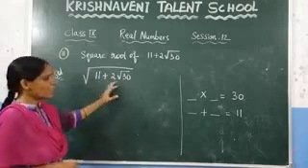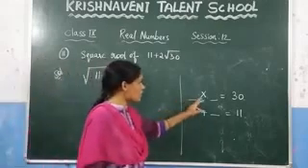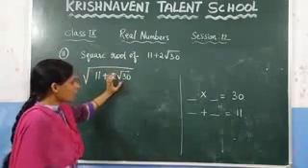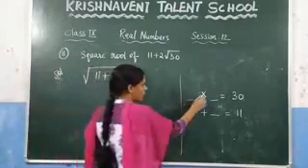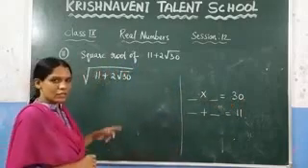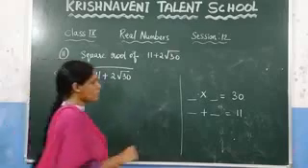For that reason we are checking which numbers you need to keep here. So you need to take two numbers such that if you multiply those two numbers you get 30, and if you take the same numbers and add them you get 11. Which numbers?